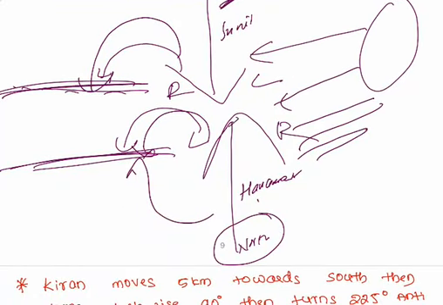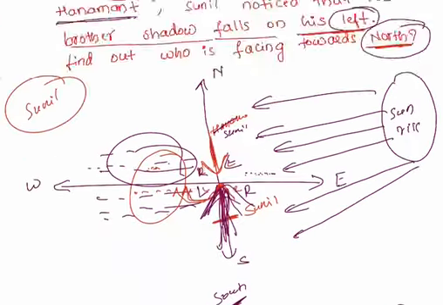If Sunil is facing north, his shadow is on the left, and his brother's shadow is also on the left of Sunil, right of Hanuman. You don't confuse it. Place one, find out the direction, then you solve it.